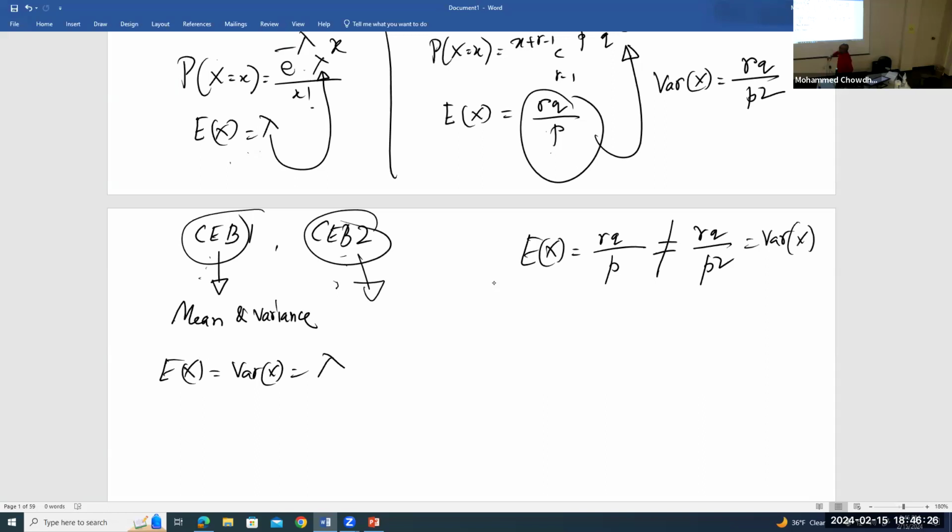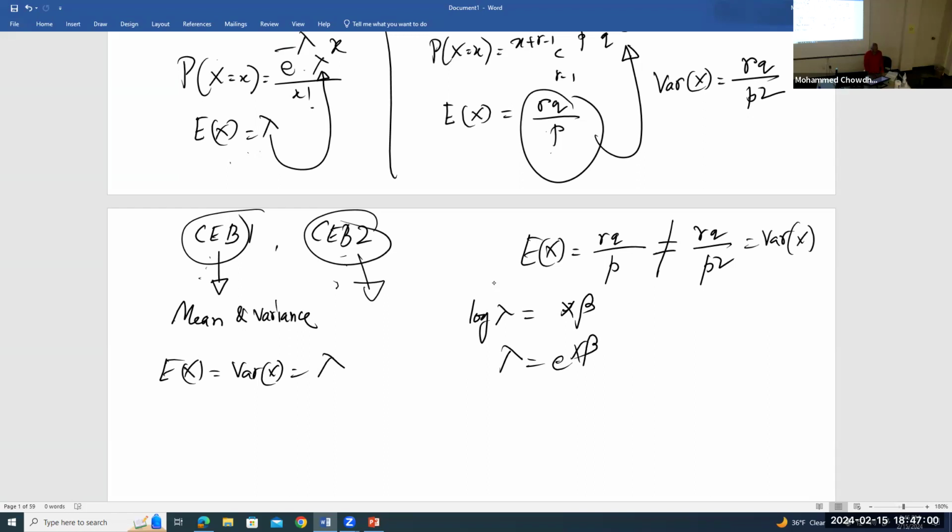Then I do mathematical manipulations and run the likelihood function to bring it into the format of a regression, because lambda is expressed as a linear combination of the covariates. If you remember last time, I took log of lambda equal to a combination of covariates, log of lambda equal to x beta, and lambda equal to e to the power x beta.